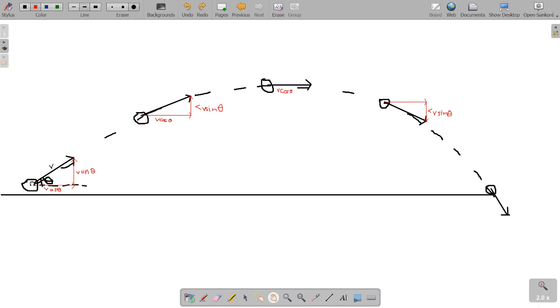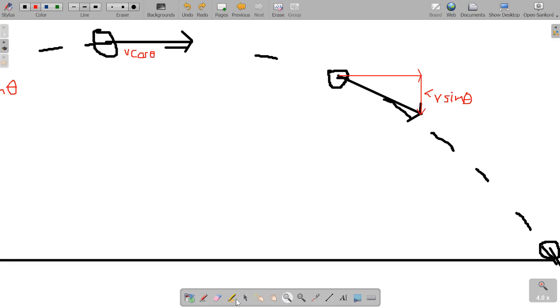Basically, when the ball reaches the same elevation as when it was launched, because we are discounting air resistance and stuff, the magnitude of the downward velocity reaches V sine theta again.